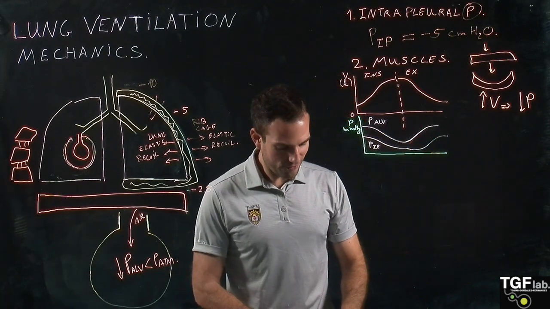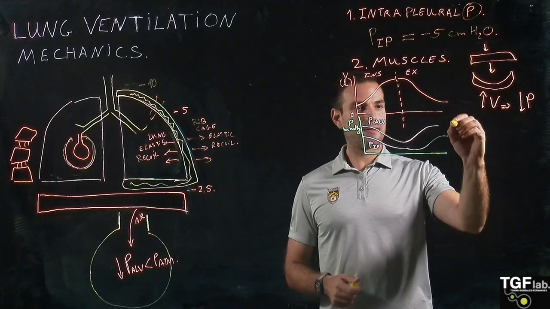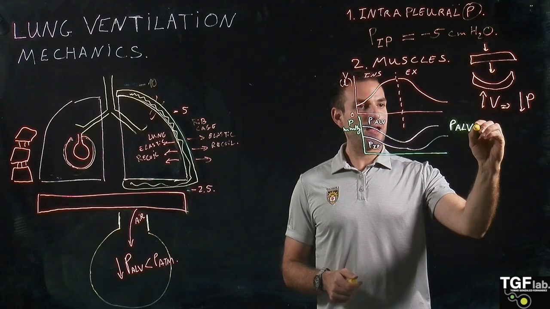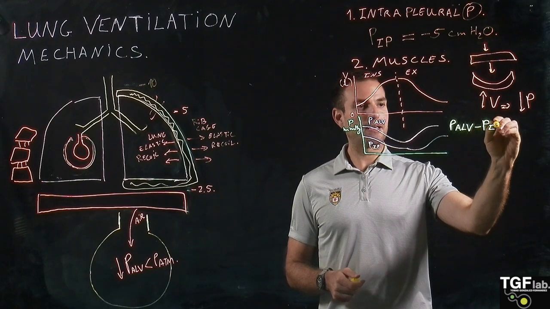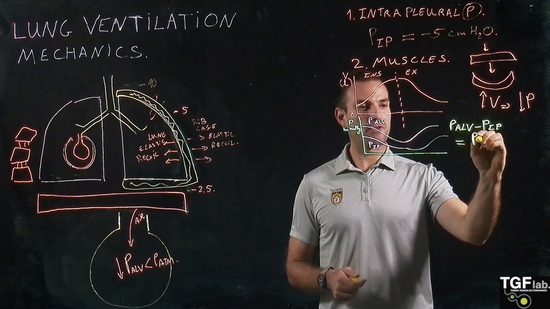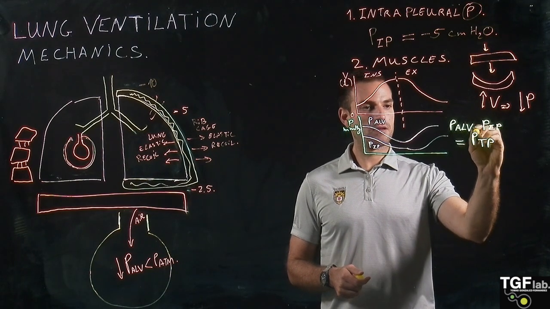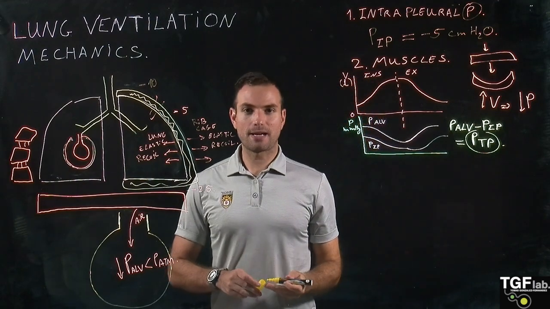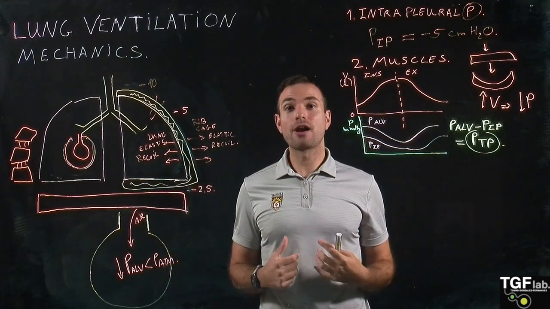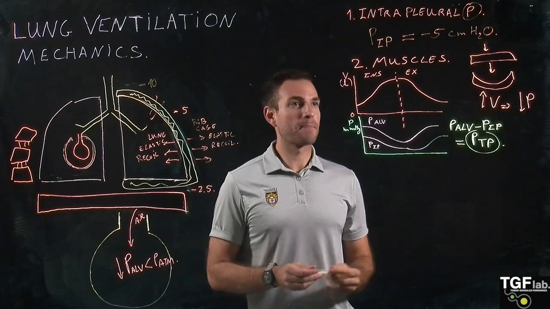So there is this difference between the pressure in the alveoli and the pressure in the pleura that is going to be equal to the transpulmonary pressure, which is a really important measurement of how good our lungs are in taking air and breathing, okay?